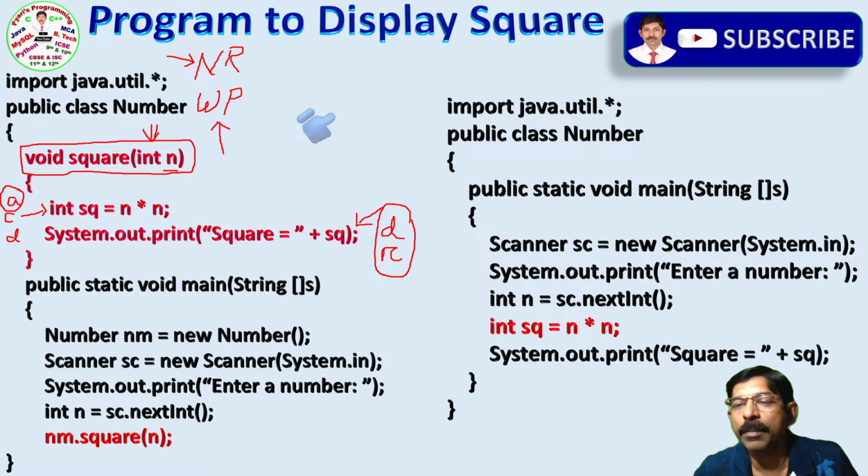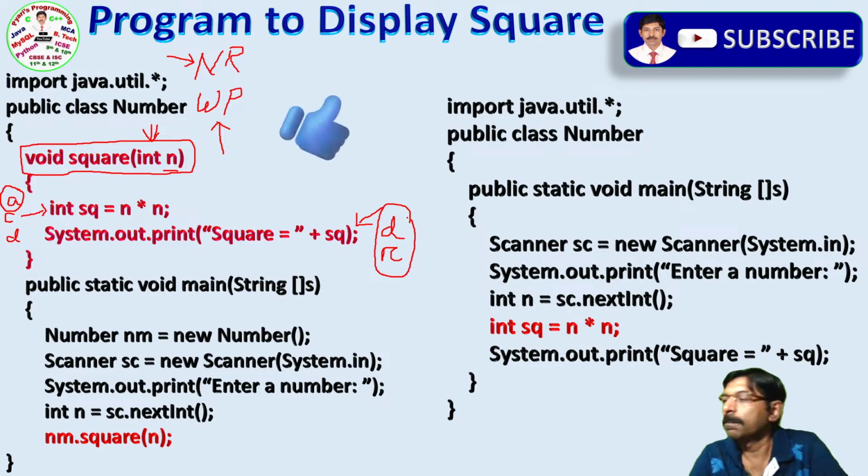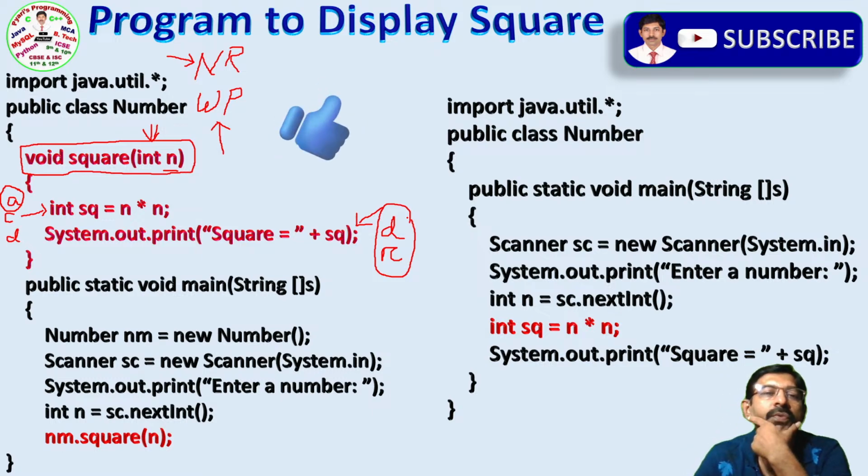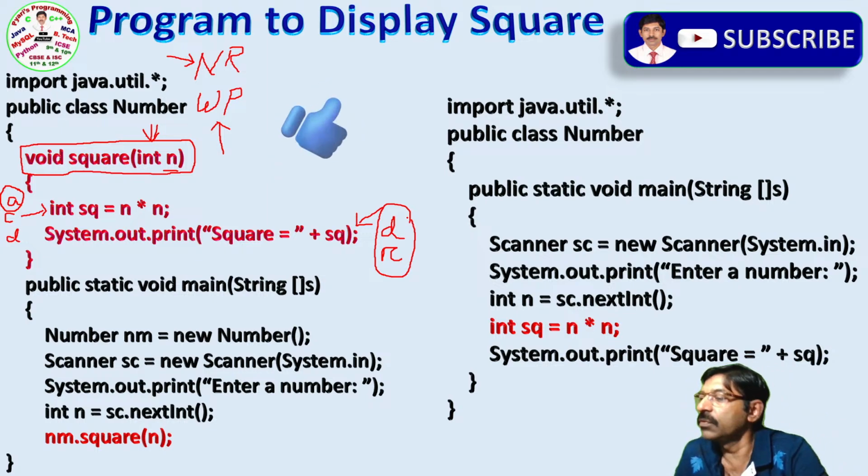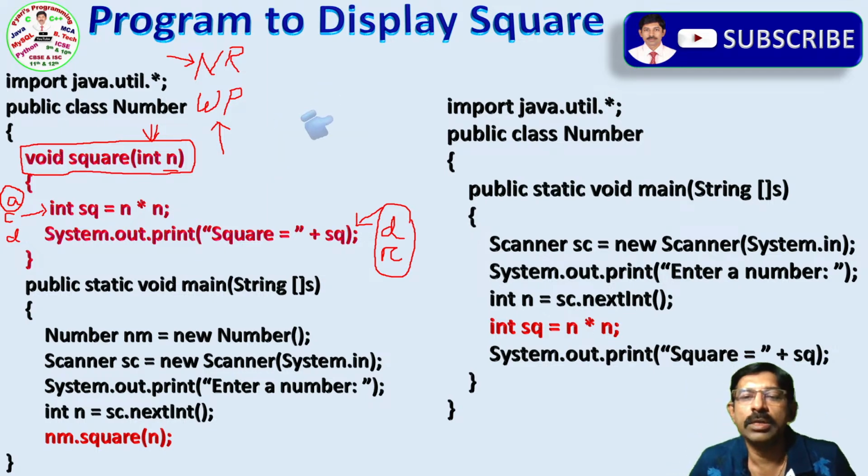Good. If there is no return type, then we have to display. One more candidate said if the return type is void, then we'll display.